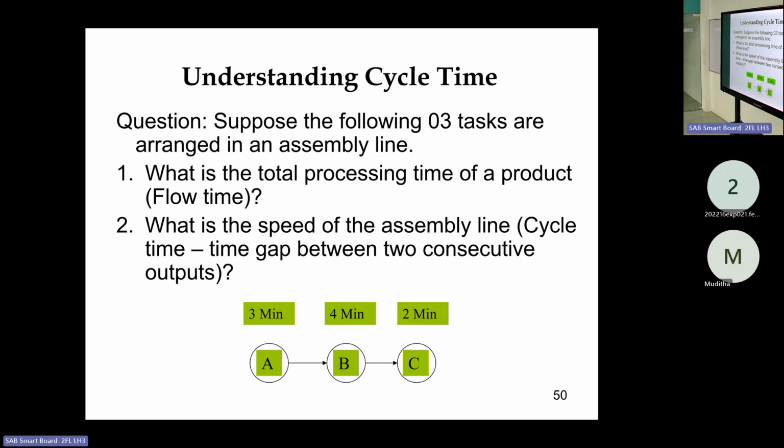What is the main reason for that? Because that is the time of the last activity. That is the time of the last activity, so every 2 minutes you get one. However, that is not correct. That is not correct, but that's a good attempt.